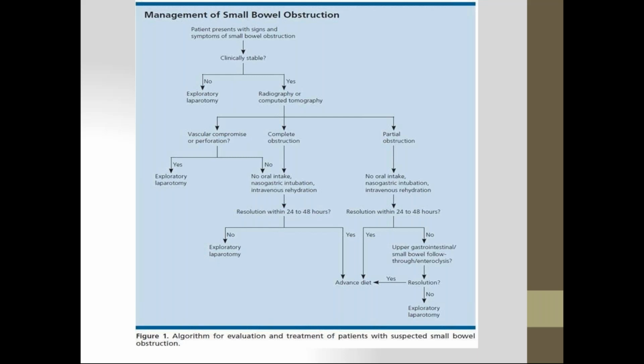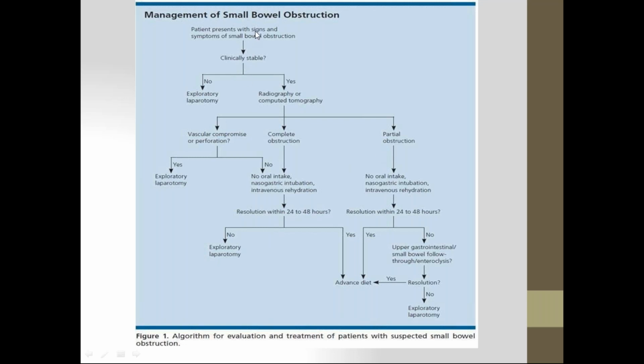So third space fluid loss is more prominent, and the extracellular and intravascular fluid which is available for hemodynamic maintenance is reduced. Because of this third space fluid loss, we need to first correct the hemodynamic status of the patient by giving the patient fluids and correcting any electrolyte abnormalities.